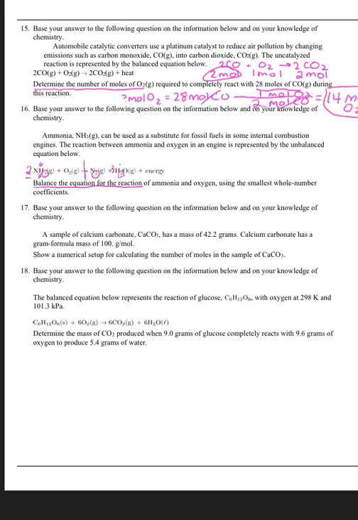Now I see that I have a problem, is what I see. I see that I have 3 oxygen, which is an odd number, and that's going to make my life difficult. Oxygen, O2, tends to make lives difficult. There's a little trick to this. If I take all of the coefficients that I have, I'm not going to touch this oxygen. I'm going to do something first.